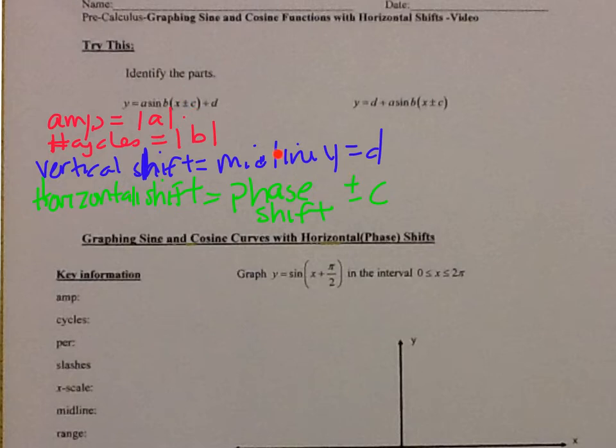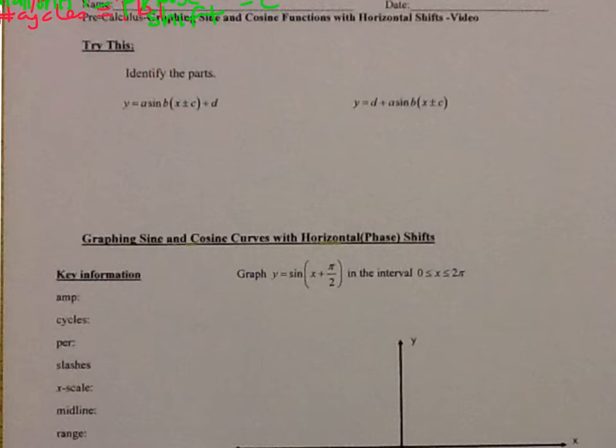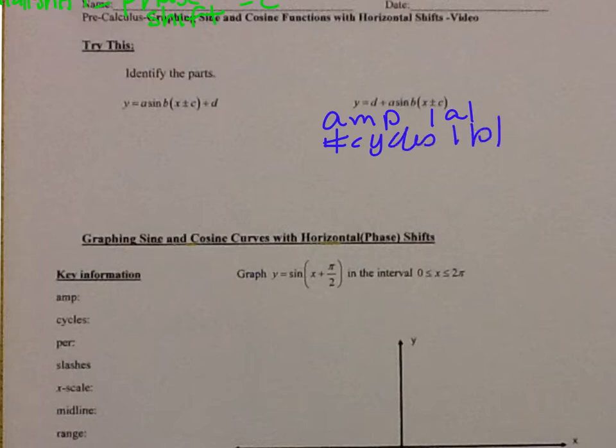All right, so let's take a look at the one on the right, which is basically the same thing. I wrote it a different way. So what I did was I put d in the front. So the amplitude is the absolute value of a. The number of cycles is the absolute value of b, which is what we had before.